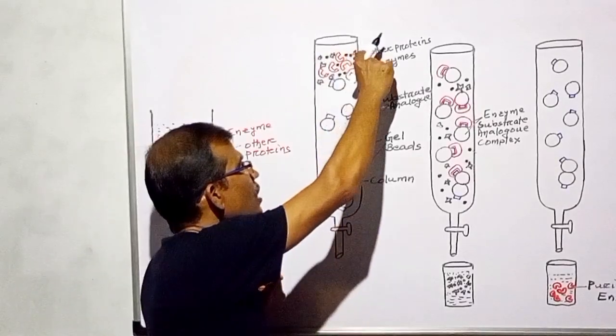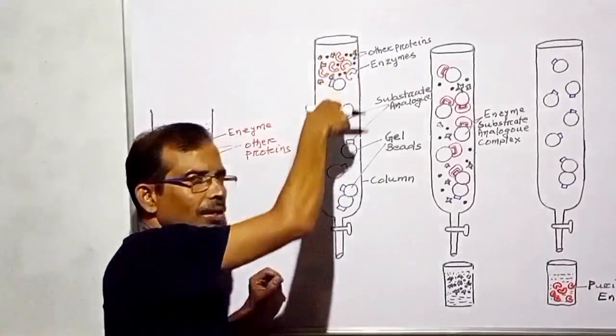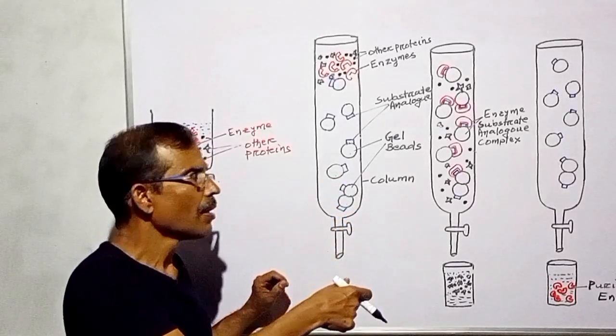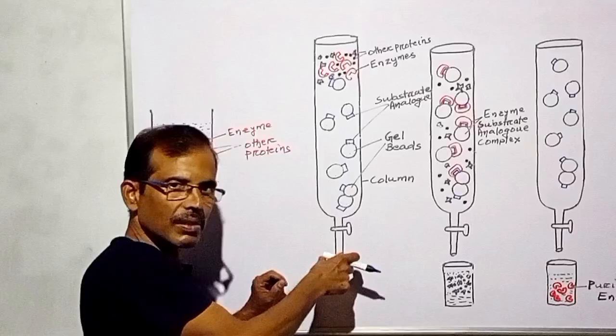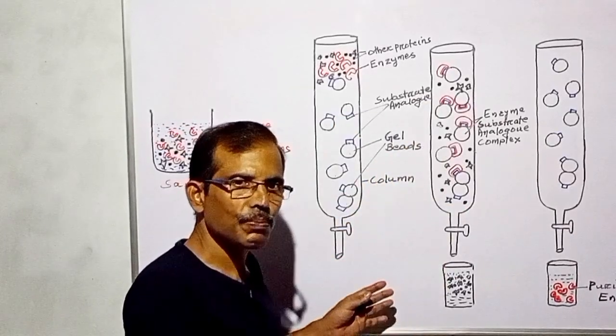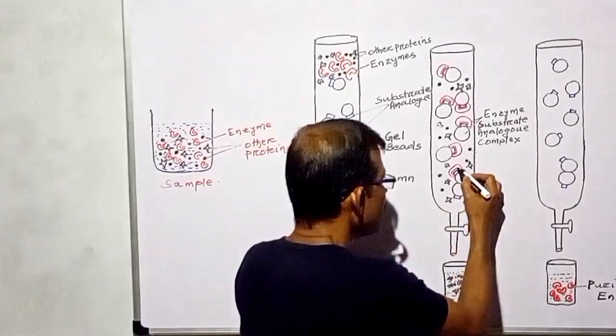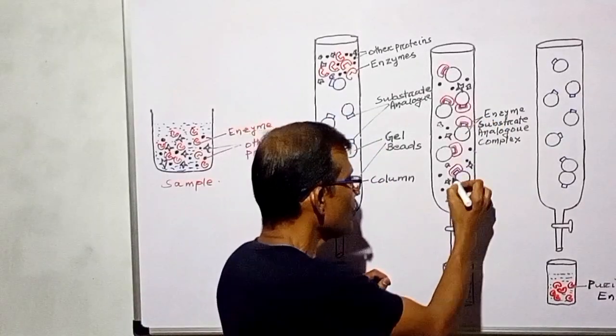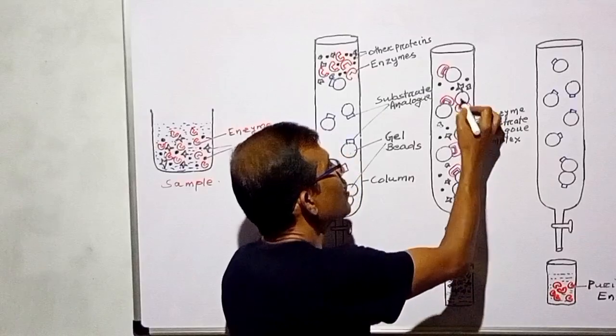When the sample solution is applied on the top of the column, various molecules in the sample will move downward. During downward movement, because of specificity, the particular enzyme that we want to purify will bind to its substrate analog.